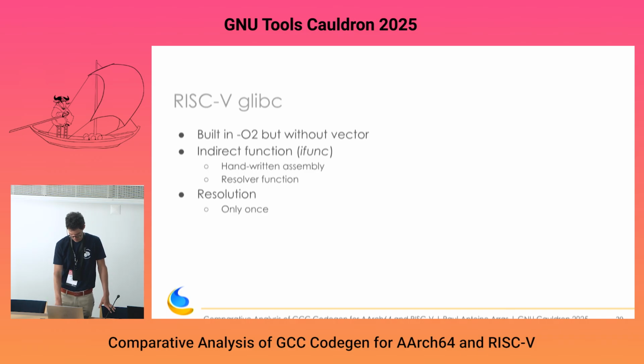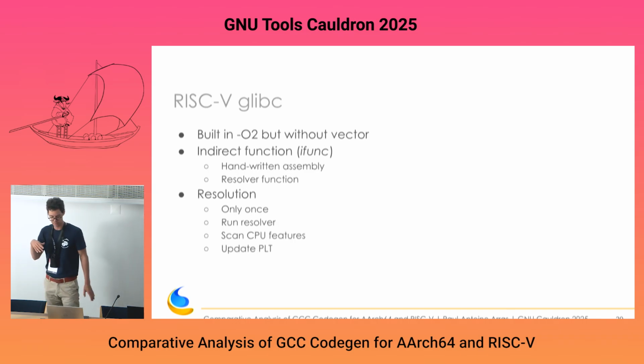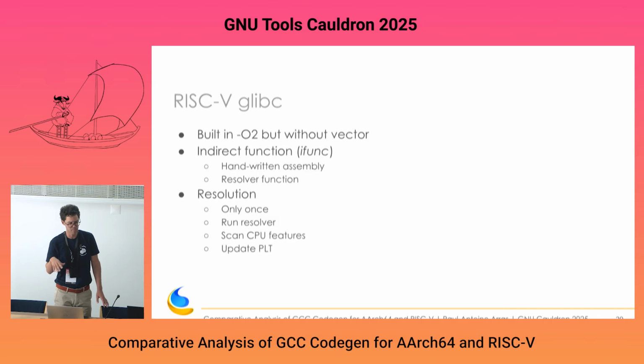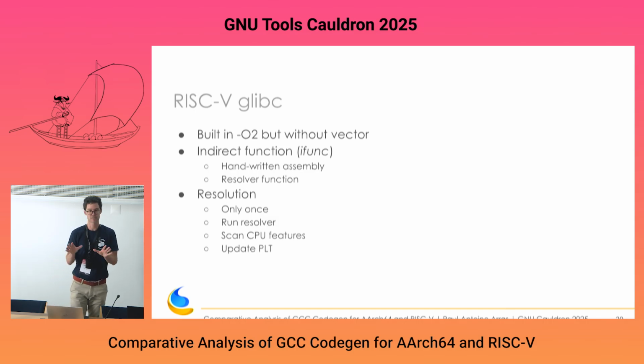I don't have the figures here, but it decreases from 20% down to maybe 7%, something like that. So it's still not as good as AArch64, but still much better. The piece that's missing in the puzzle is the implementation of memset as an ifunc for RISC-V in glibc. So we need two things, the handwritten assembly and the resolver function that I just showed you on the previous slide.